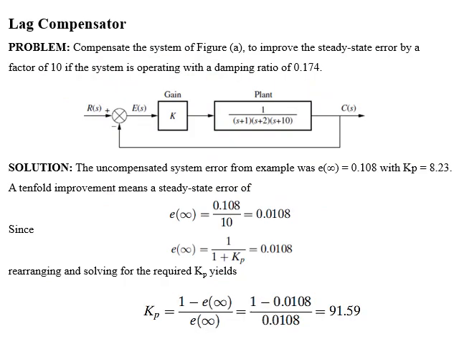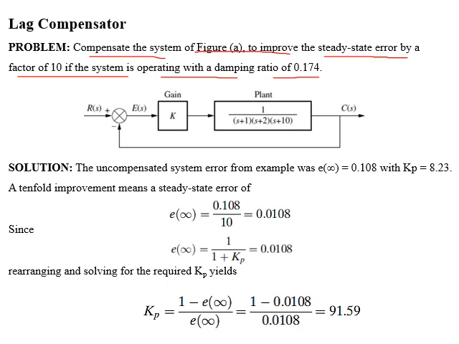Dear students, in the given example, we have to improve the steady-state error by a factor of 10 if the system is operating with a damping ratio of 0.174. Students, the system is similar to the example of PI controller.